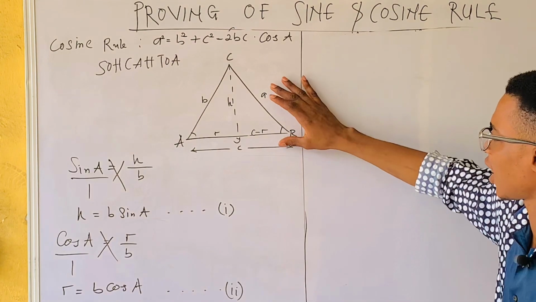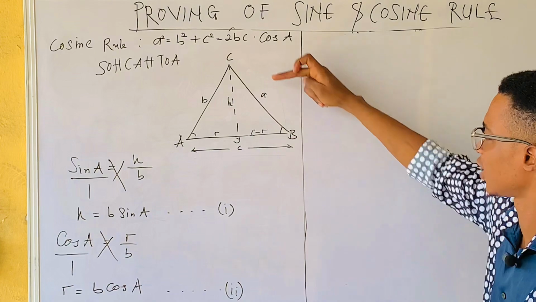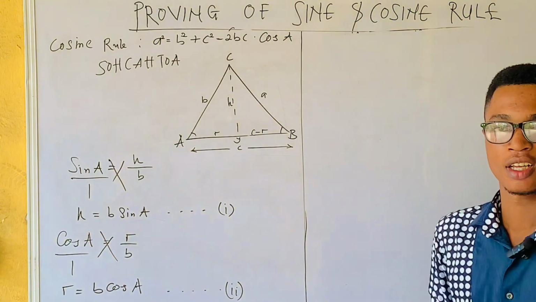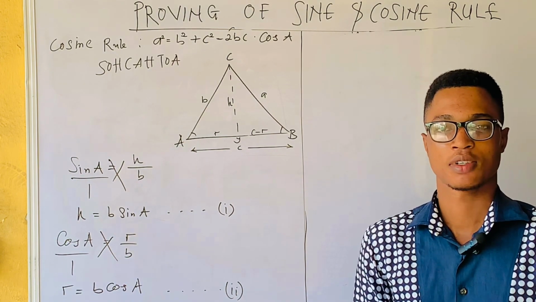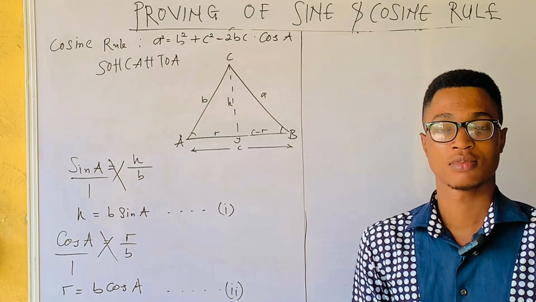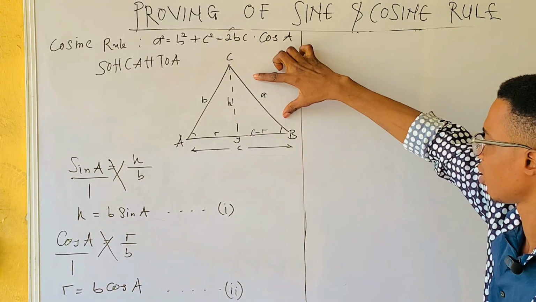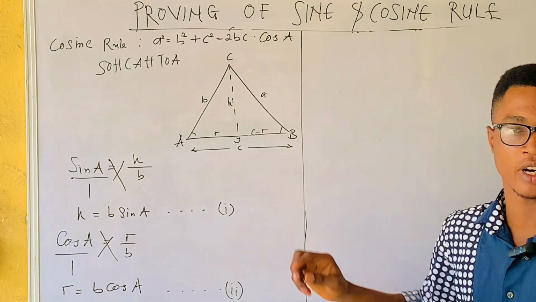Now we need to consider the other part of this triangle, this angle CBY. I would like to take our mind back to what we call Pythagoras theorem. Pythagoras theorem states that the square of the hypotenuse is equal to the sum of the squares of the other two sides.